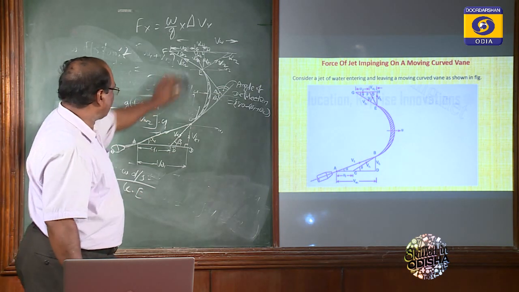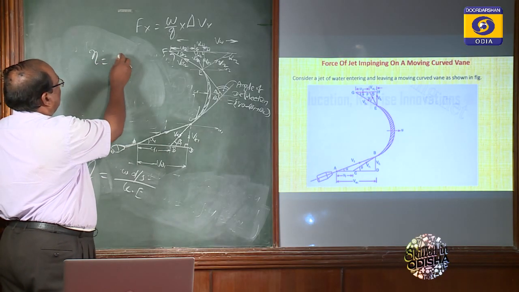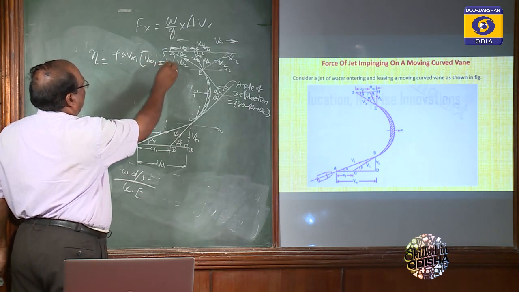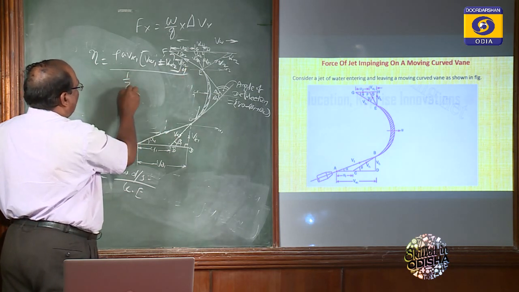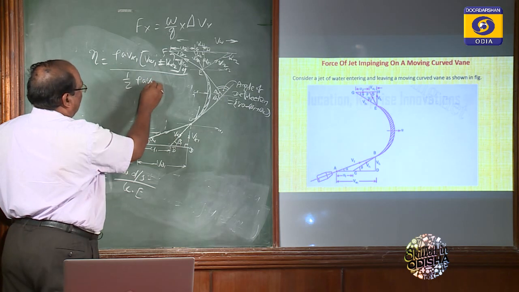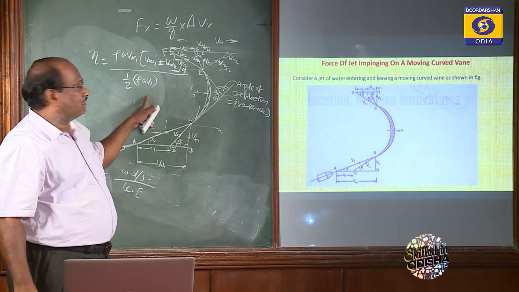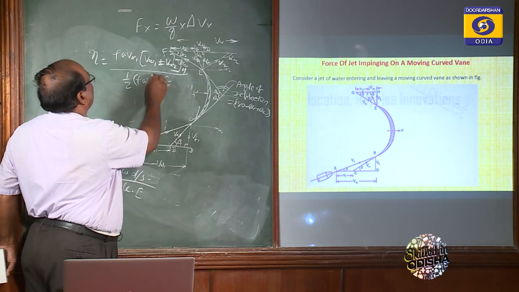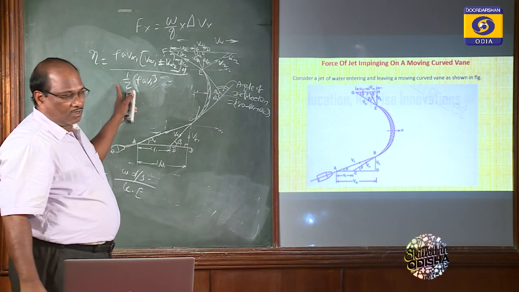So efficiency equals work done, rho A VR1 (VW1 plus or minus VW2) into U, divided by kinetic energy, which is half m v square, half rho A V1, this is the mass of water supplied by the jet, into V1 square, or VQ. This is the efficiency of the system.